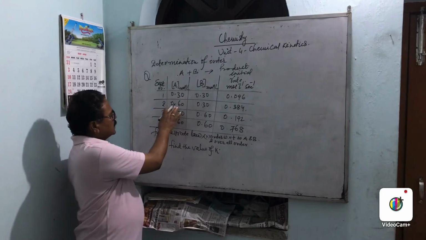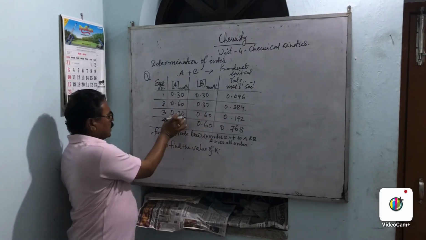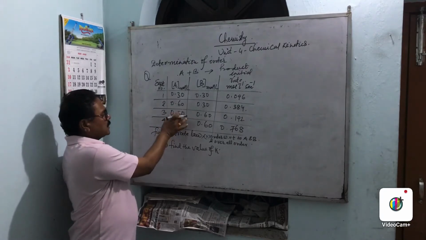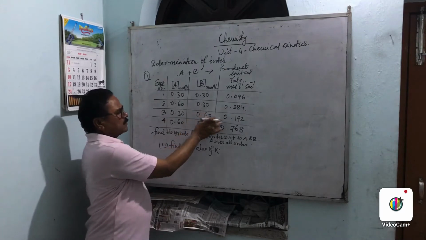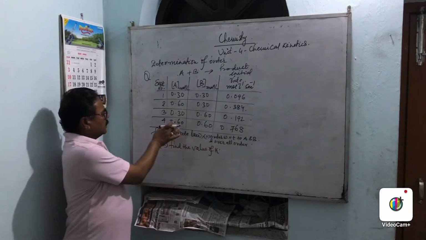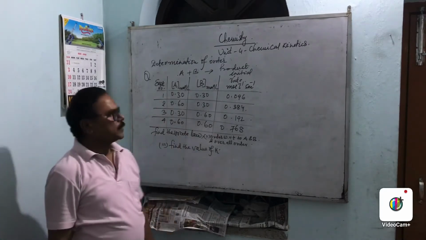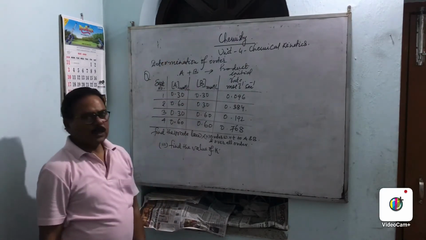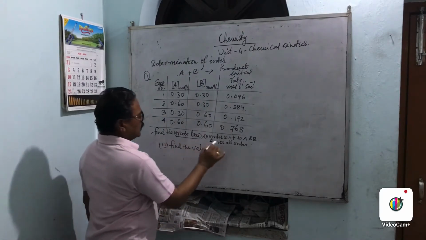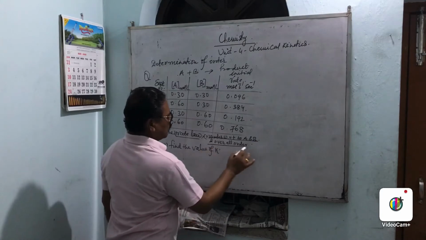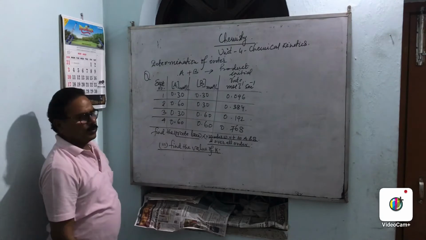Similarly, the concentration of A is changed, B remains same, again the rate is determined. In the third experiment, A remains the same, B is changed, and the rate is determined. In the fourth, both concentrations are changed and the rate is determined. We have to find the order of the reaction: write the rate law, order with respect to A and B, overall order, and find the value of the rate constant. How will we solve it?